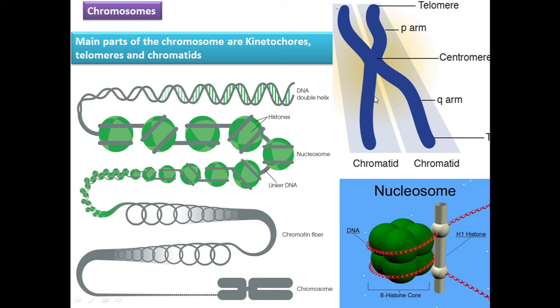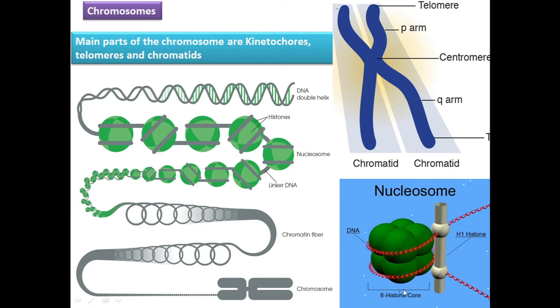Now, how is this chromosome arranged inside the nucleus? We all know the DNA double helix. This DNA is wrapped around the histone proteins. Then these wrapped histone proteins condense with each other to form the chromatin fiber that is arranged in the form of a chromosome. So first is the DNA double helix, which wraps around the histones H2A, H2B, H3 and H4.